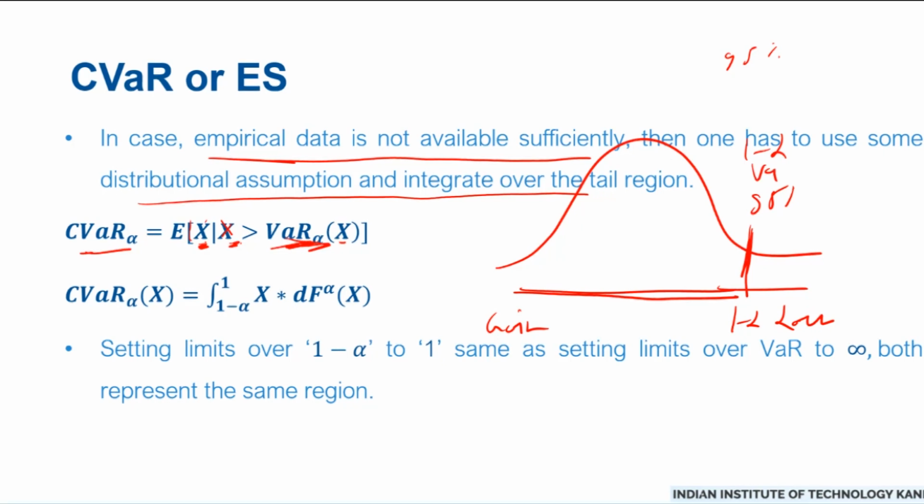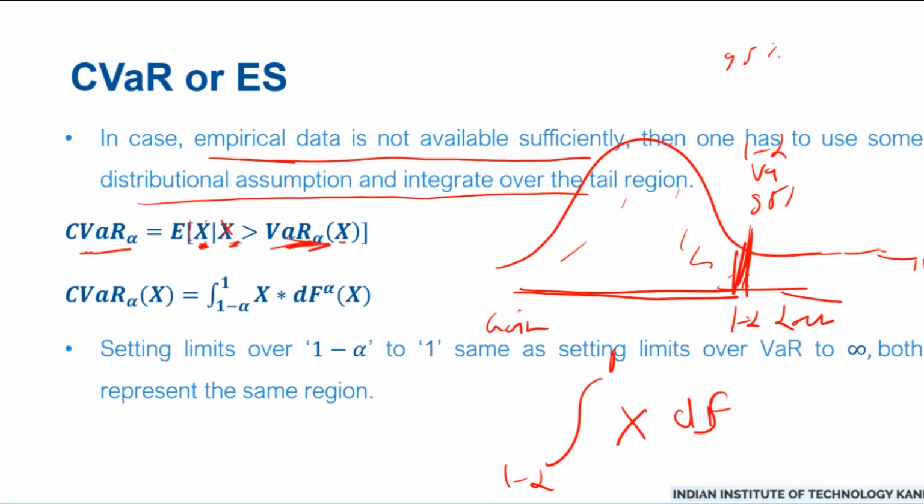I would like to integrate the loss x times the probability density, df, from this cumulative probability 1 minus alpha up till 1, where 1 is the final last point.